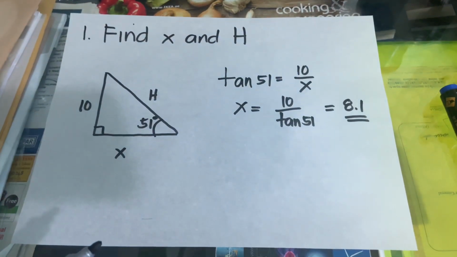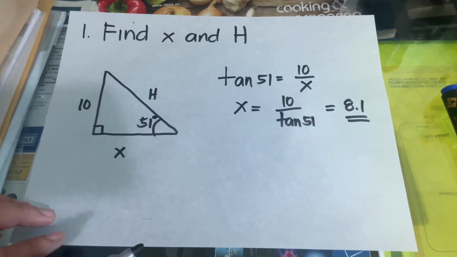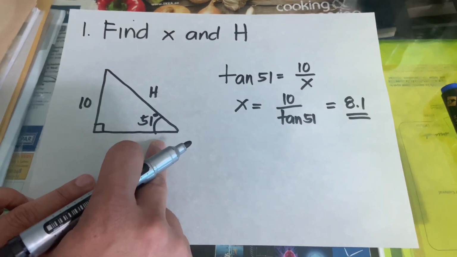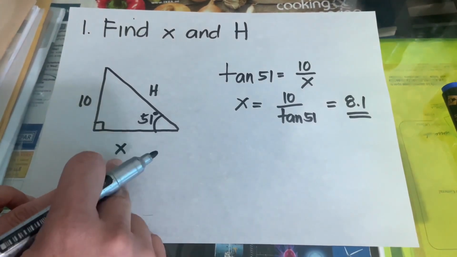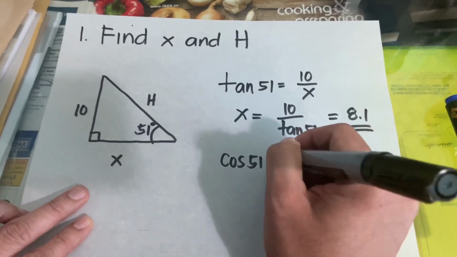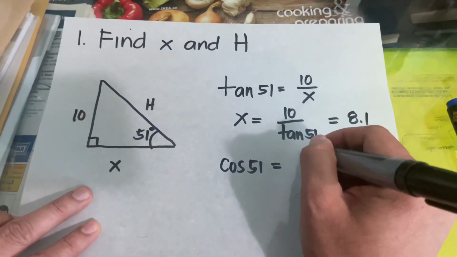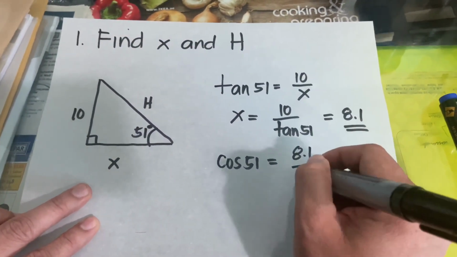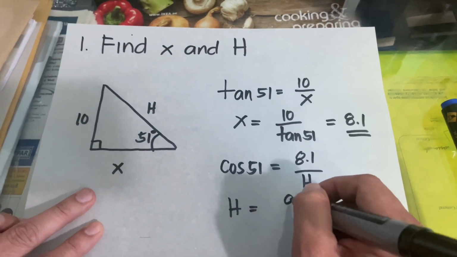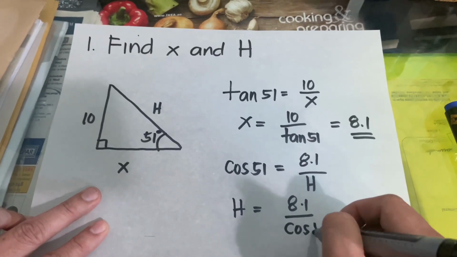But for the sake of our discussion here on trigonometry, we will use the cosine function. Cosine is adjacent over hypotenuse. So cosine 51 is equal to adjacent, which is x. We know the value of x, which is 8.1, over the hypotenuse. So h is equal to 8.1 divided by cosine 51.